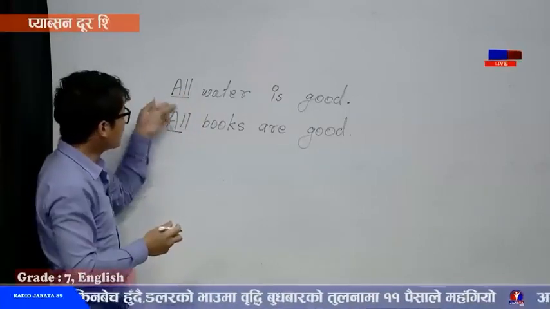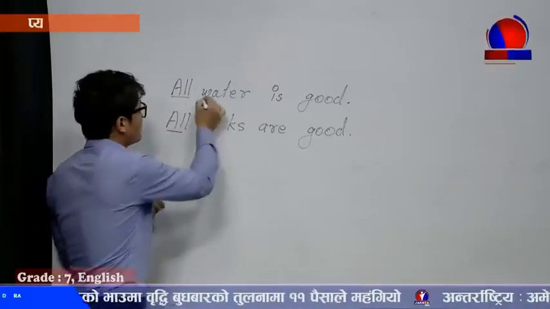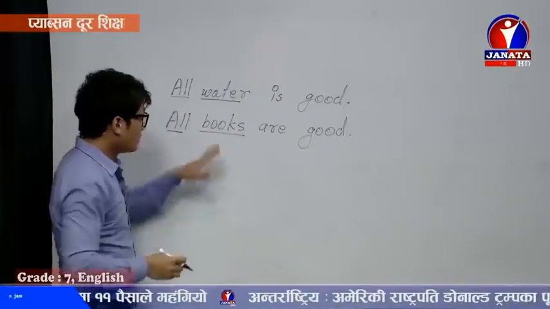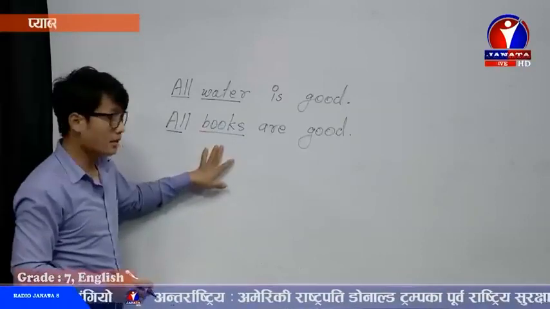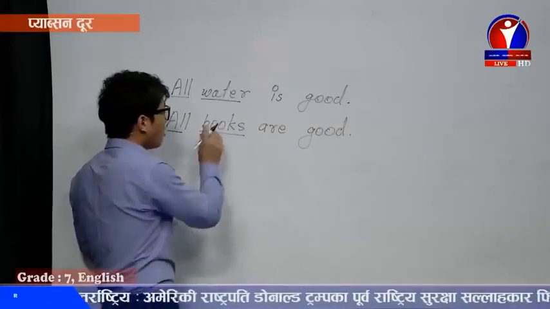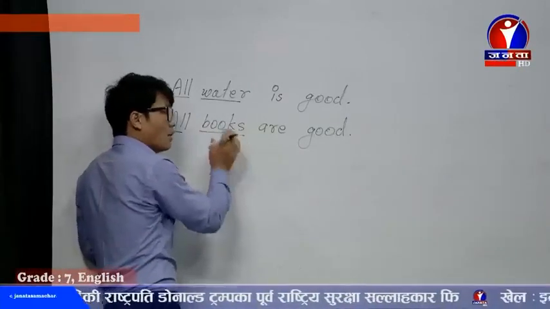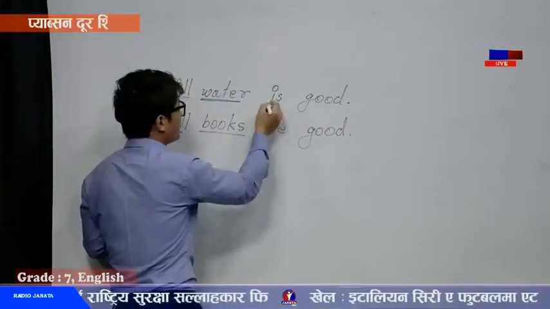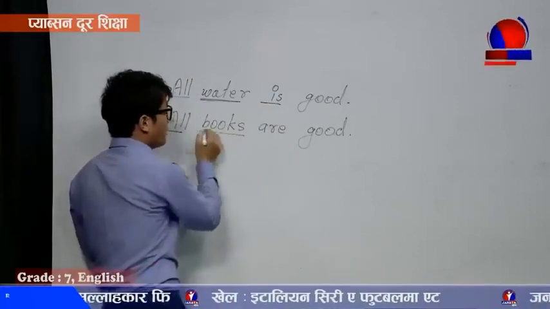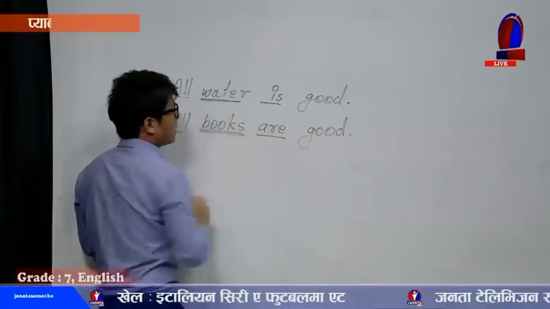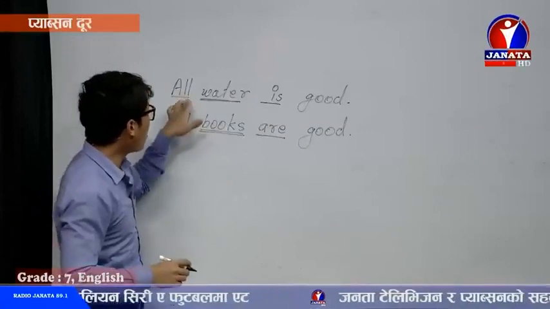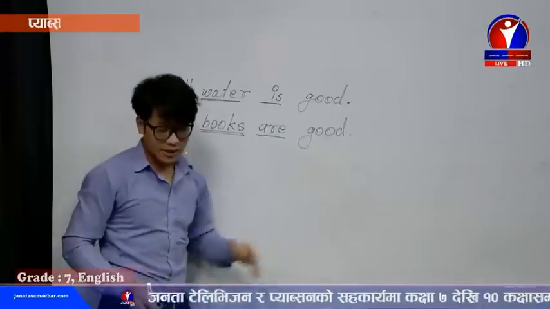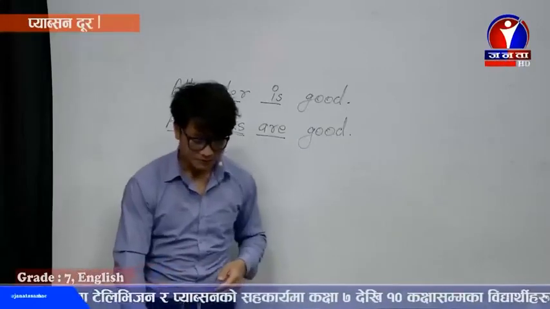But after this quantifier, here is water, which is an uncountable noun, and here is books, which is a plural countable noun. So according to the noun, we are using the verb. Water is uncountable, so here is is. Books is plural, so here is are. All water is good. All books are good.